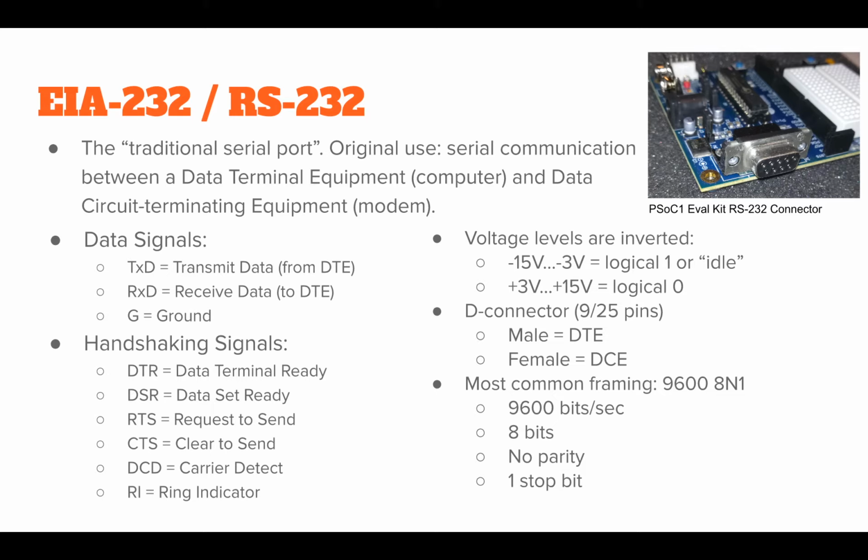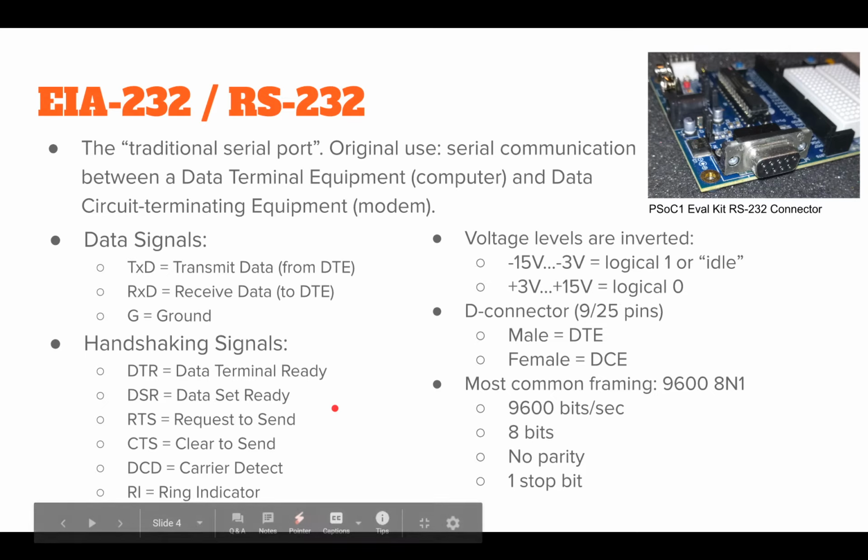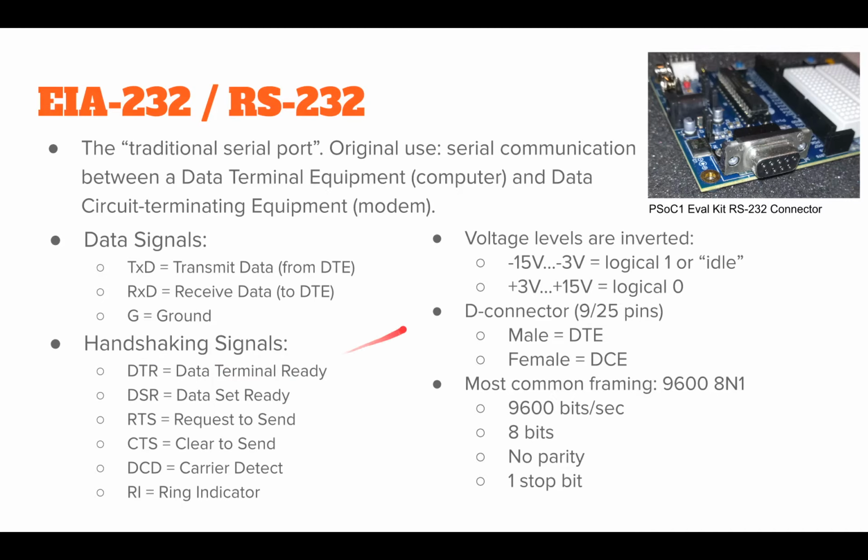So, for example, there is the ring indicator signal that tells the computer side that, okay, now there is an incoming data call to the phone line, and so on. And then there are also these handshaking signals to time the data correctly so that nothing gets lost.